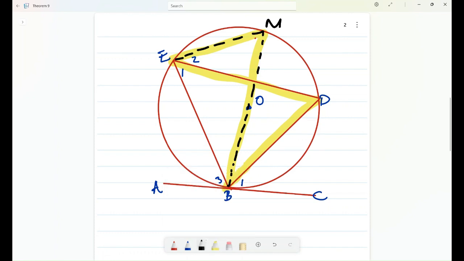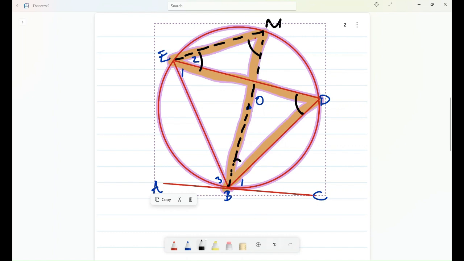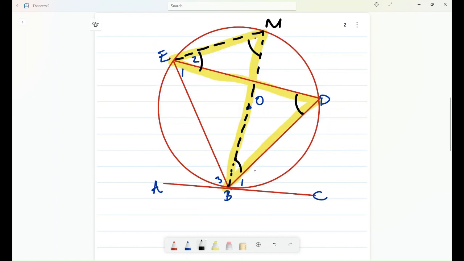That states that this angle is equal to that angle. Do you remember that theorem we did? I think it's theorem 4. Let me just remove this and say this is 2.